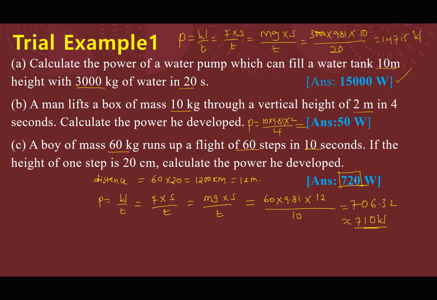Let me check part B. 10 times 9.81 times 2 divided by 4. Yeah, this is 49 watts. It's always not advisable to write these to less than two significant figures.